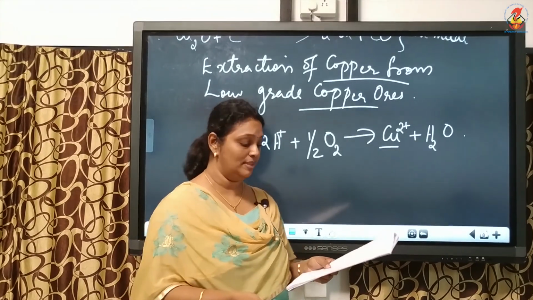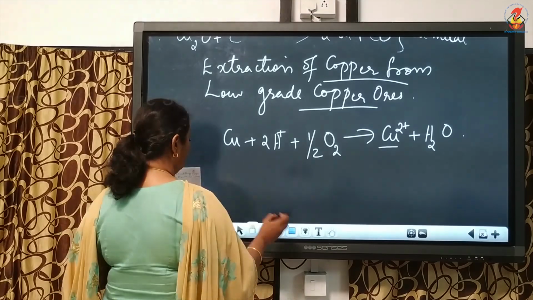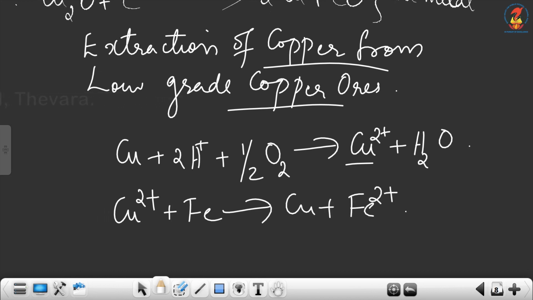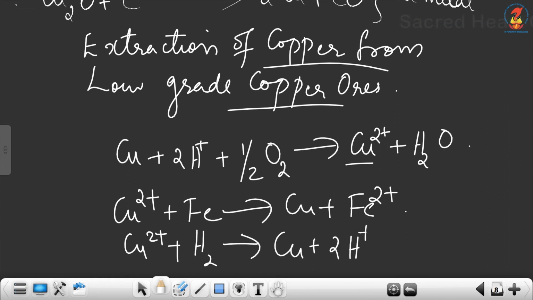The equation with iron is Cu2+ plus Fe gives Cu plus Fe2+. We know that iron is more reactive than copper. The reaction with hydrogen is Cu2+ plus H2 gives Cu plus 2H plus. So this is how we get copper from low grade copper ores.